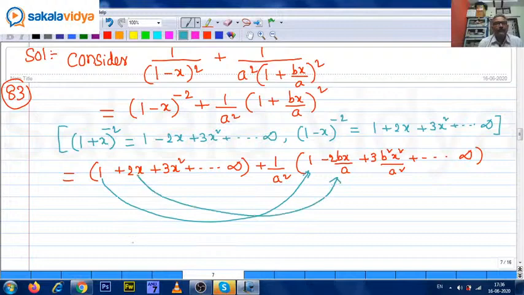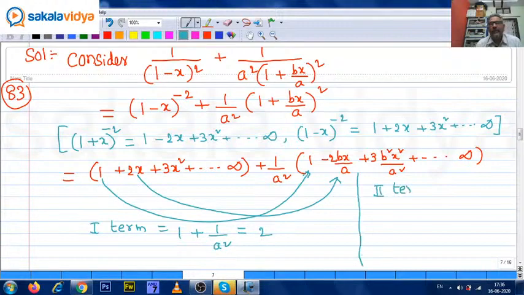The first term is 1 multiplied by 1, plus 1 by a square, equal to 2, as given. Next, the second term, we need 2x.